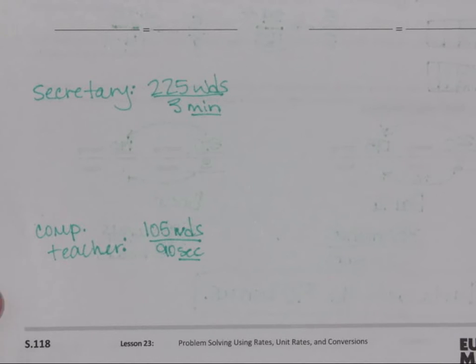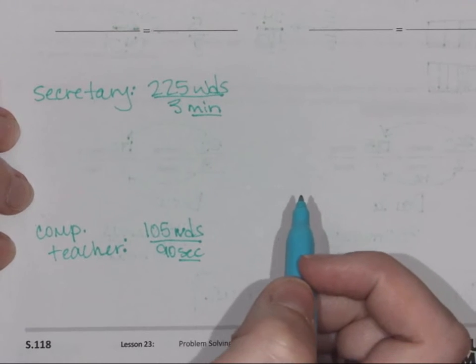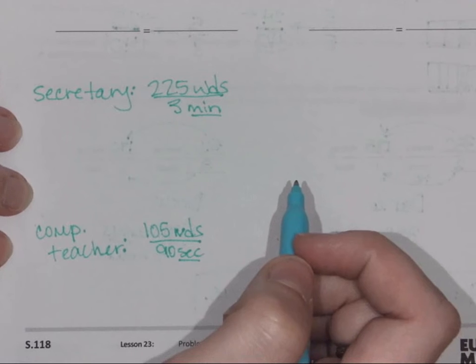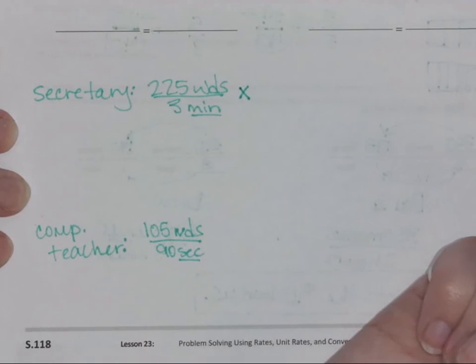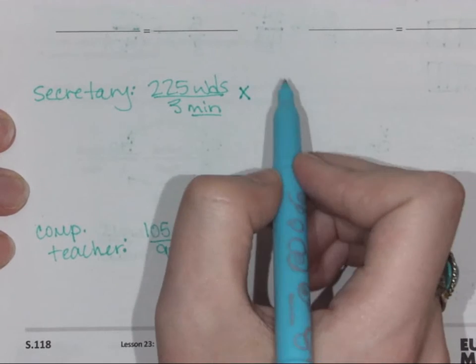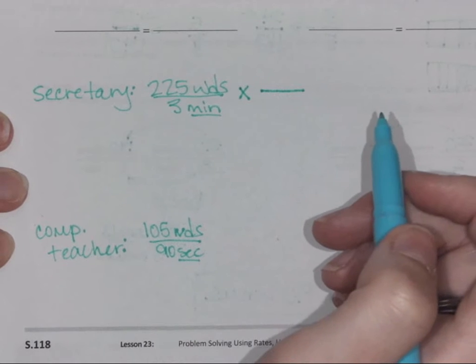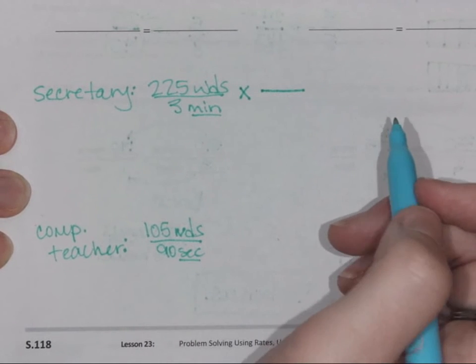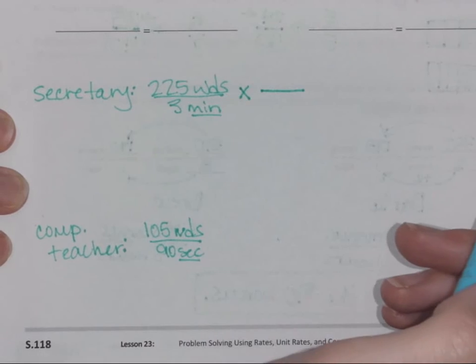What can we do to convert this to words per second so that we can compare the rates? Now we're going to multiply by a fraction, right? Because we're going to multiply by the value of the ratio of seconds to minutes. Now, does seconds go on the bottom or on top?